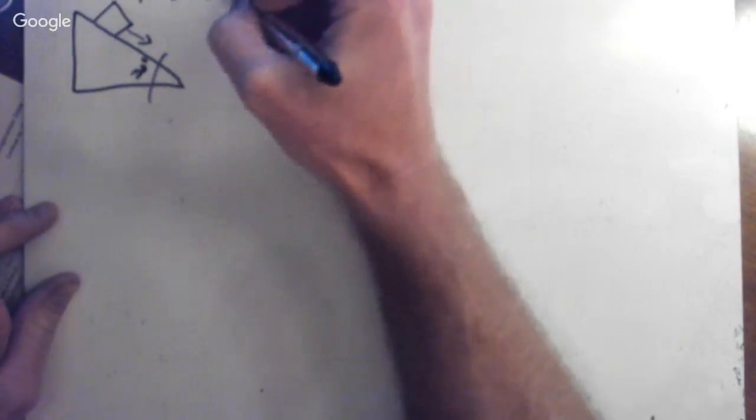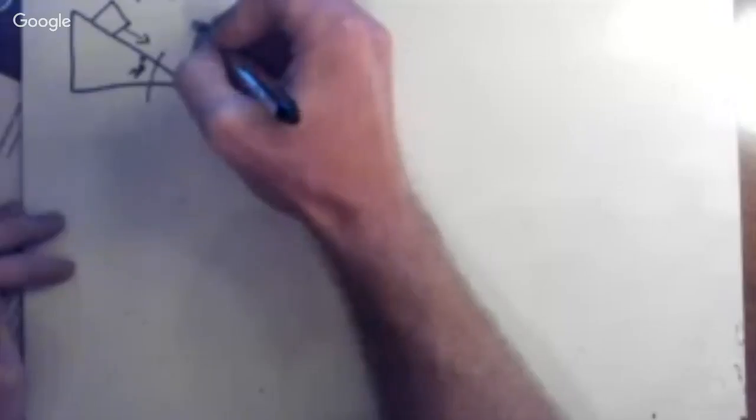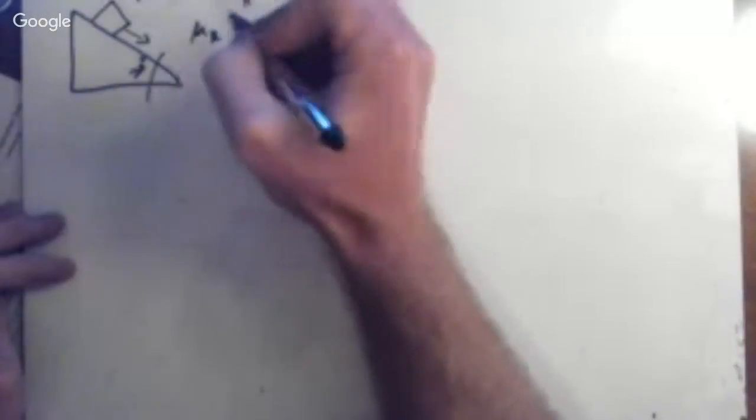Let's say an acceleration down, parallel to the block face, of 2 meters per second squared. What is the mu k in this situation?